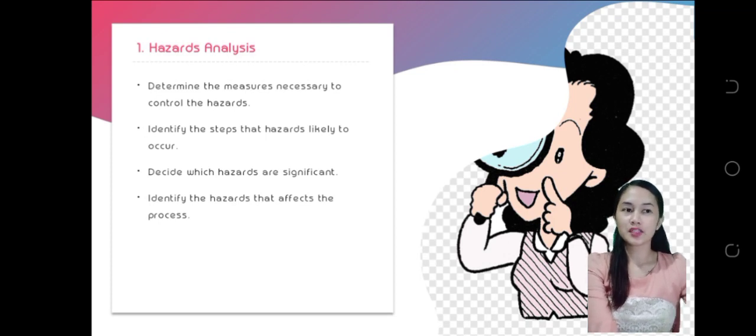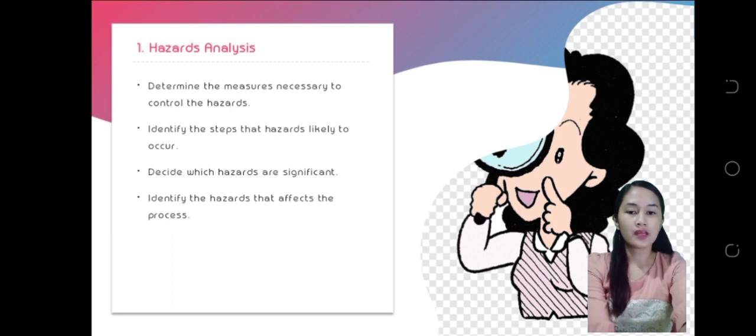It determines the measures necessary to control the hazards, identifies the steps where hazards are likely to occur, decides which hazards are significant, and identifies the hazards that affect the process. So, in hazard analysis, diri ta makabalo aha nag-start ang mga hazards, asa na to ma-identify, makita, then maka-decide din ta og mga proper kanang ways to prevent it.